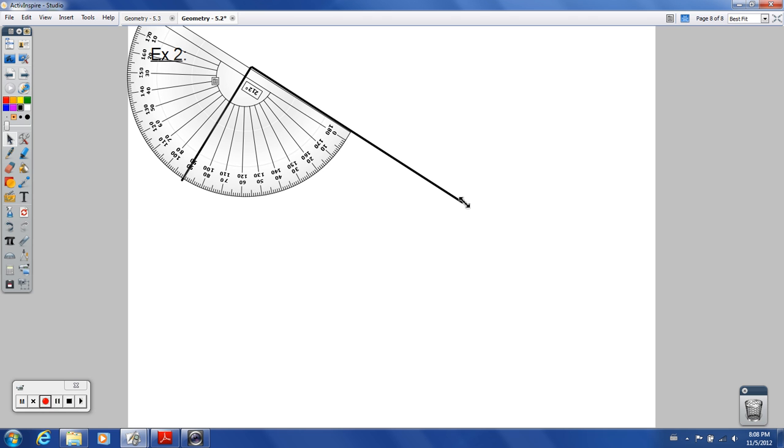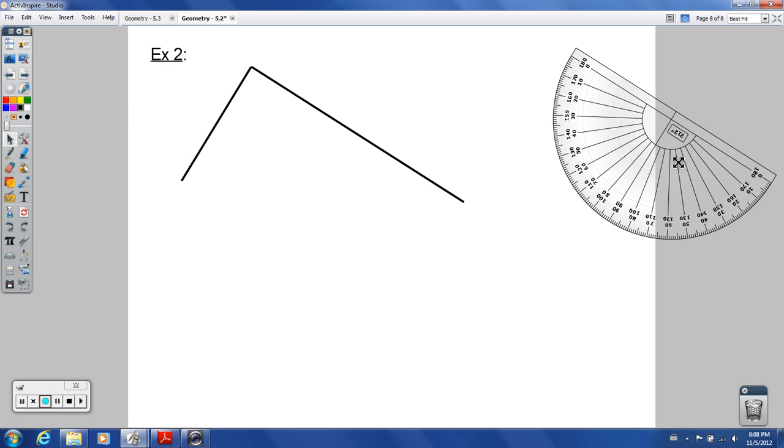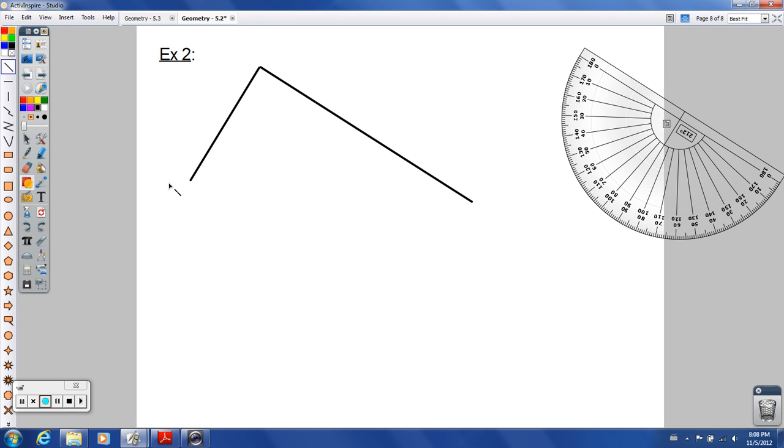Let me just adjust that just a smidge. Okay. Move this out of the way. And so I've got my right triangle right here, and I'm going to draw in my final line here connecting these. I'm going to make mine go straight across.